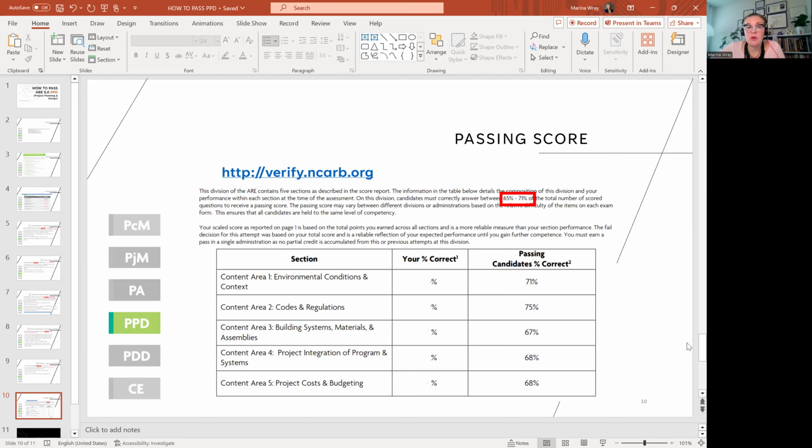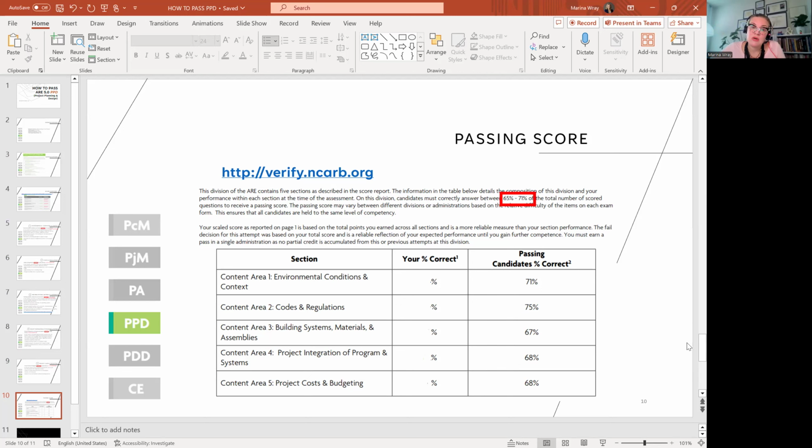You don't have to know everything, and there will be things that you don't know, even after studying for many, many weeks and months and sometimes probably years. You will still find areas that you really never read about, and that's totally fine. You will eventually know this. So this is the passing score here, between 65 and 71%.